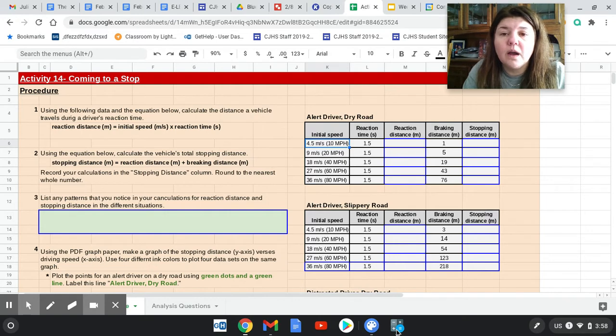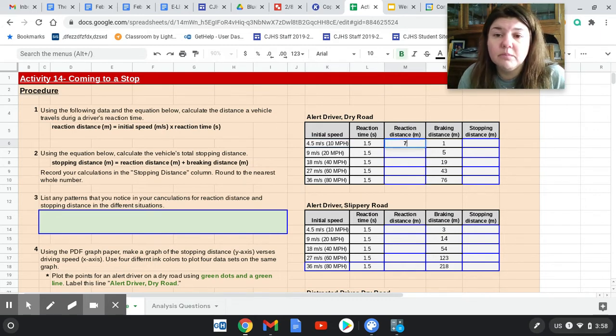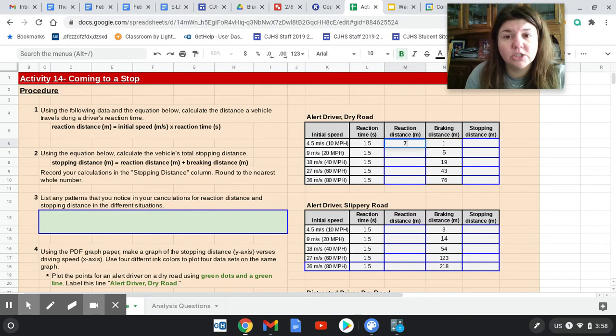Most times I would have you keep it at, I'll tell you to round a number to the nearest tenth. This time I'm actually going to tell you to round it to the nearest whole number. So 6.75 would round to 7 meters. So that's the reaction distance.